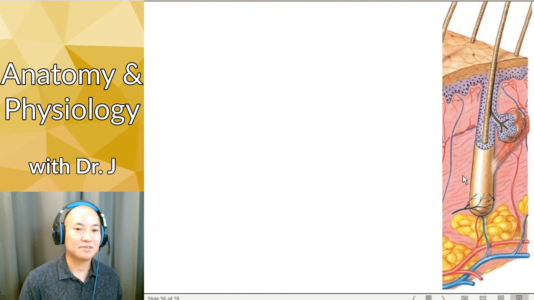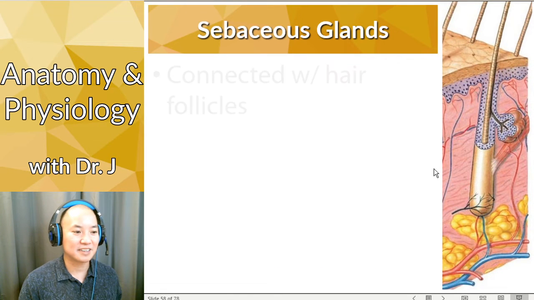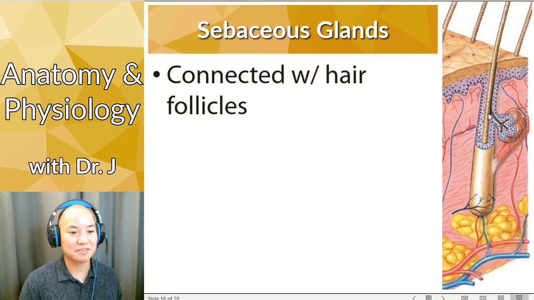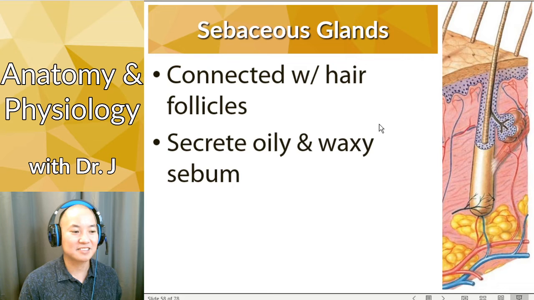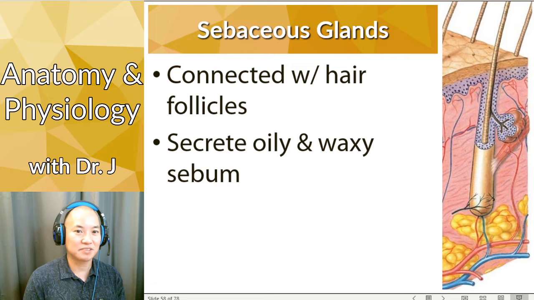Now, why is that? Well, now we're back to our sebaceous glands. Remember, these are connected to the hair follicles, and they're important in keeping this smooth. Sebaceous glands are kind of like your own body's natural conditioner. That's why people with very long hair use conditioner. My hair has never been long enough where I had to. But if you wash your hair with very strong detergents and strip a lot of these oils and waxes, you lose what keeps the surface and cuticles of your hairs very smooth.